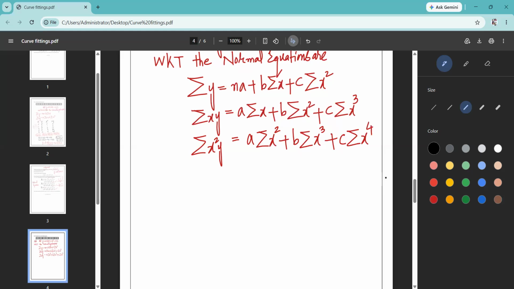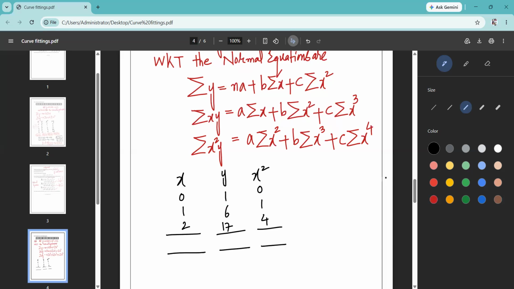Now start your work, taking x values. I'm taking a very small problem: 0, 1, 2. Please give me the sum of this. Now summation y: the y values are 1, 6, 17. Again, I want the sum of this. Now x square we require: 0, 1, 4.